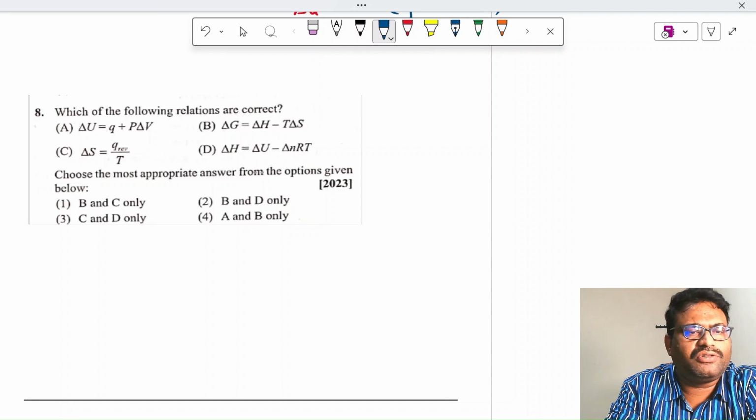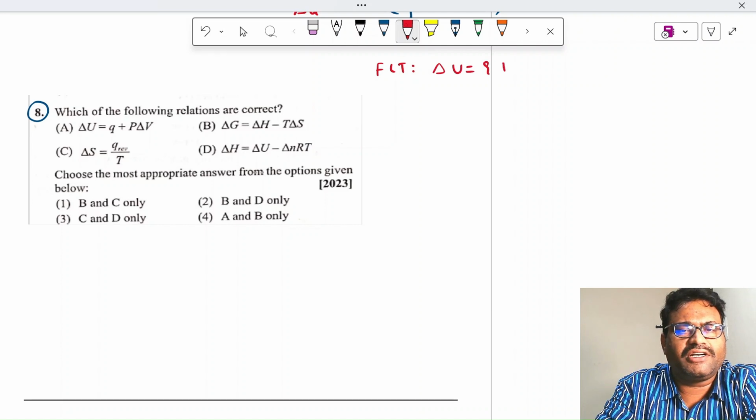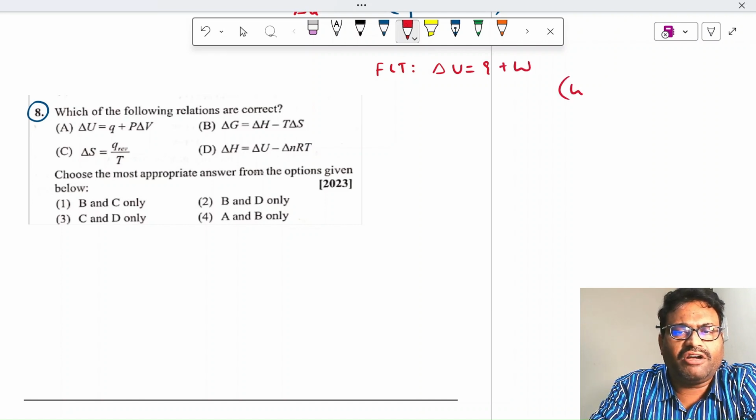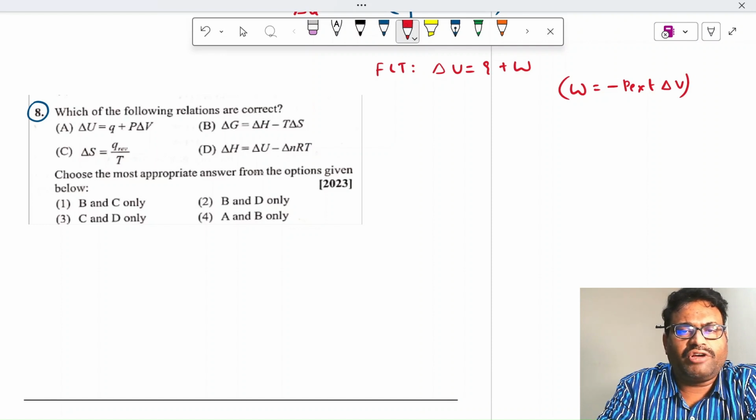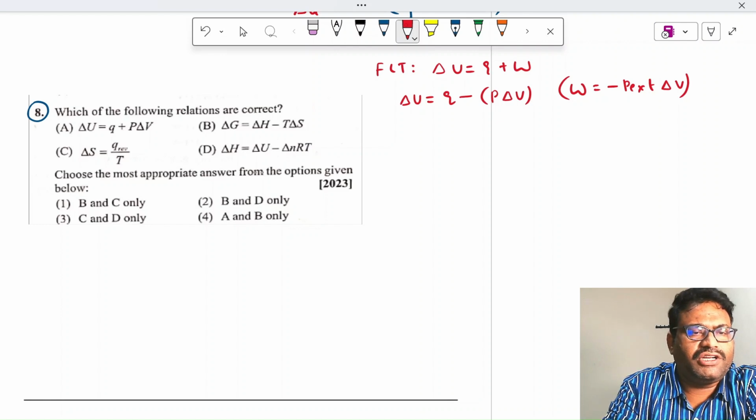Next, let us come to this question number 8. We know from the first law of thermodynamics, delta U is equal to Q plus W. And we know that work done is equal to minus P external into delta V. So I can write delta U is equal to Q minus P delta V. But in the question it is given as plus.